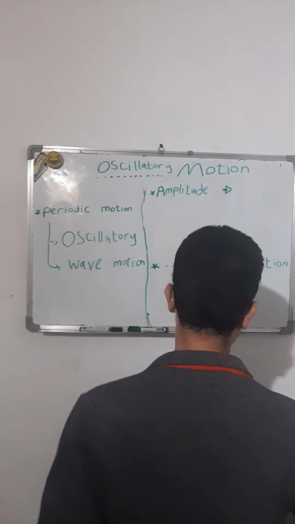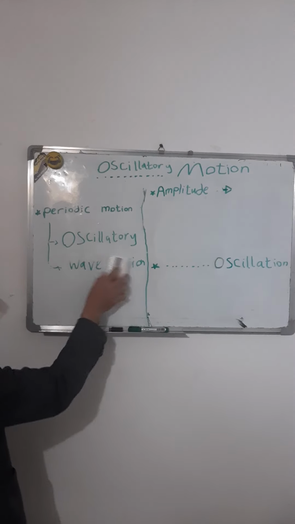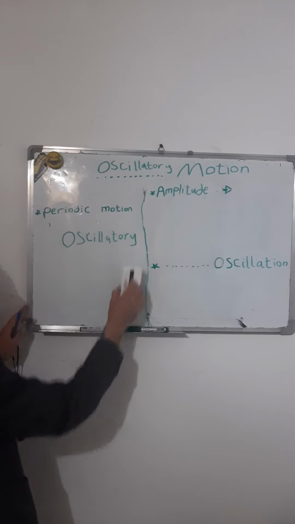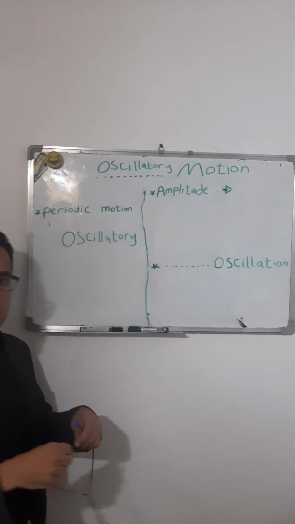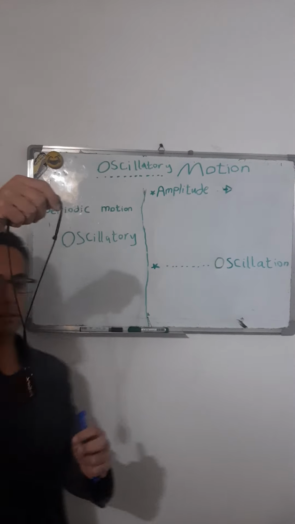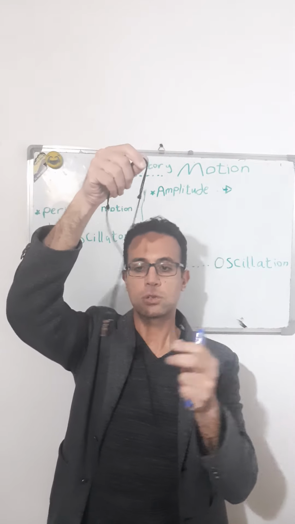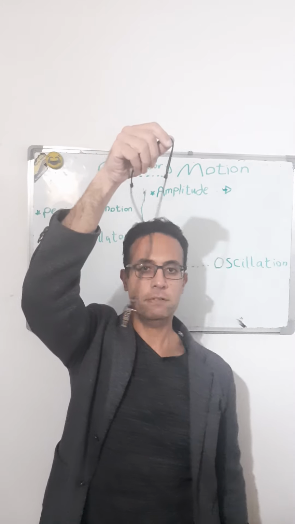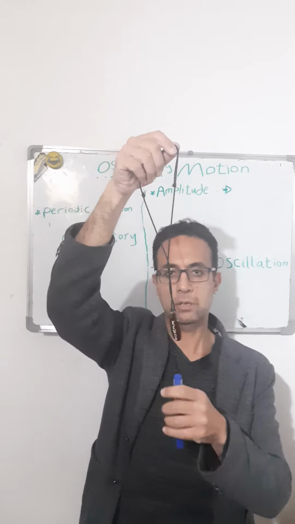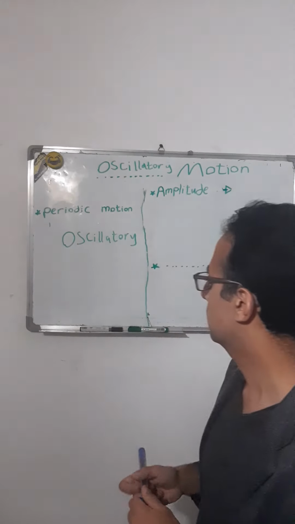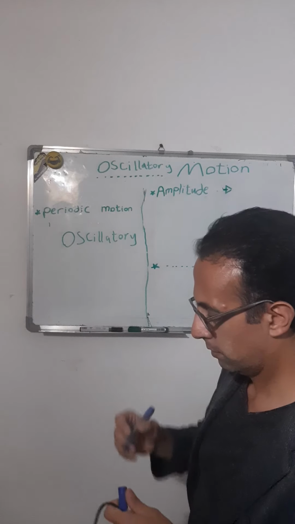So, a simple example of oscillatory motion, as we said, is the pendulum. Again, it's motion like that. We have a rest position in the center, and let's draw it to be clearer. This is the simple pendulum.